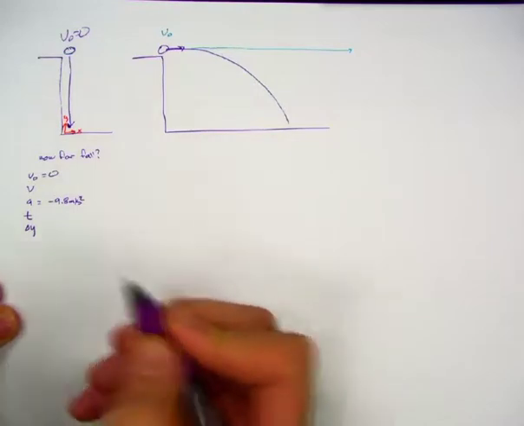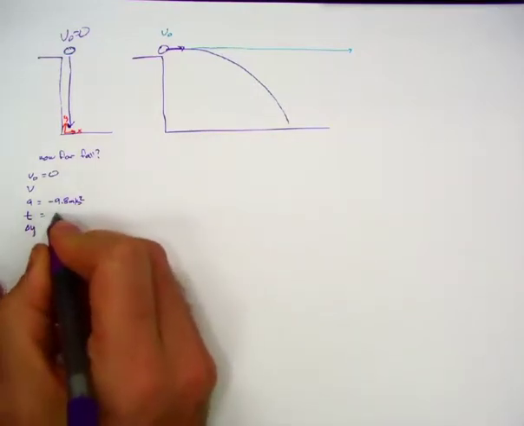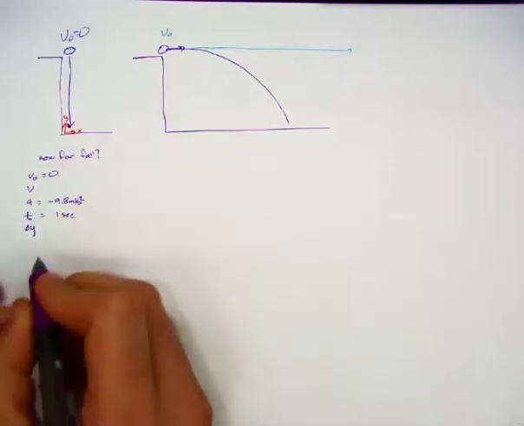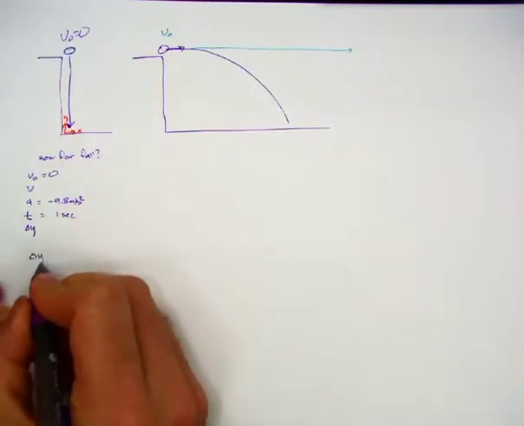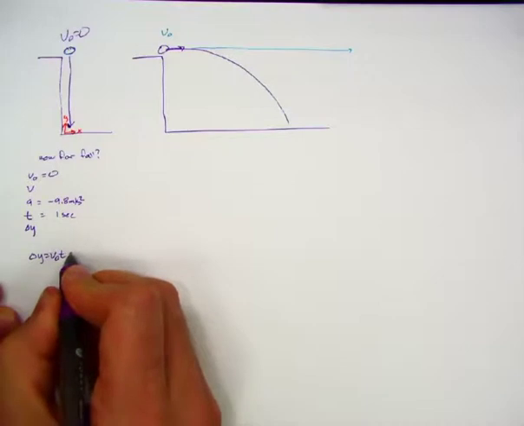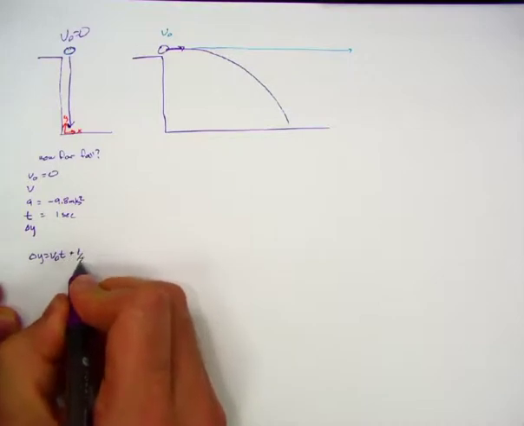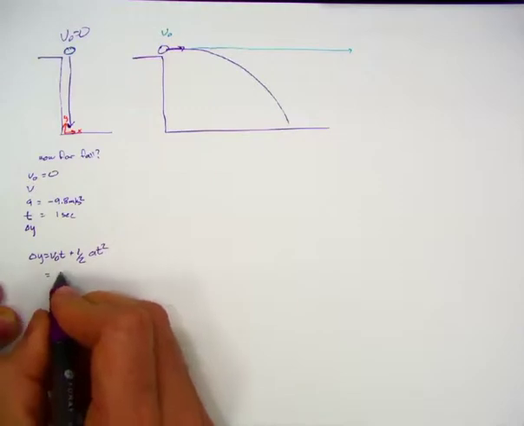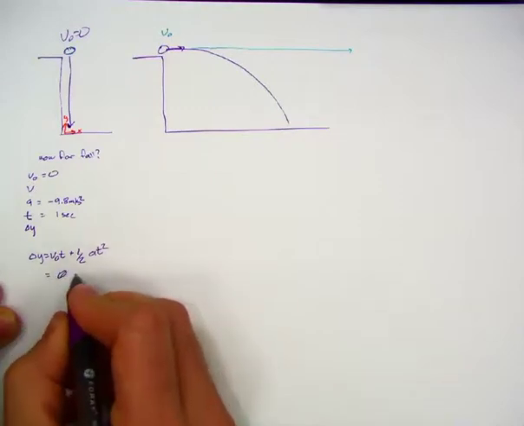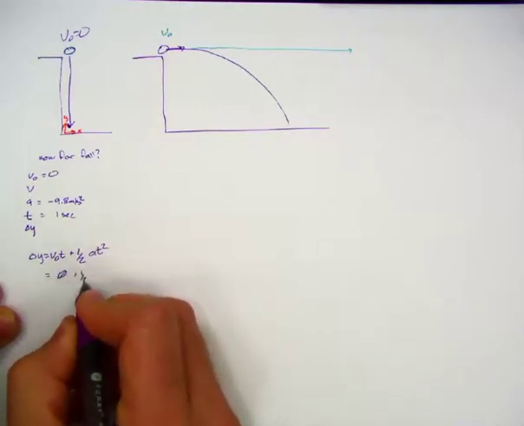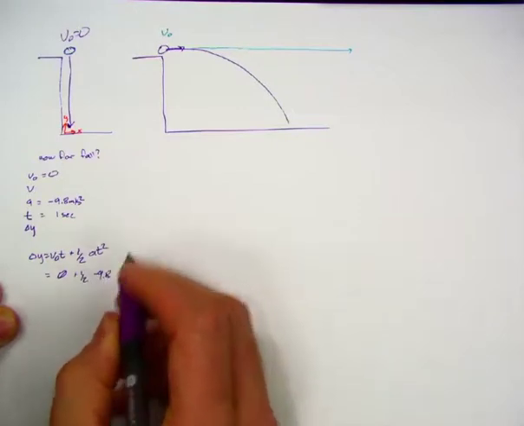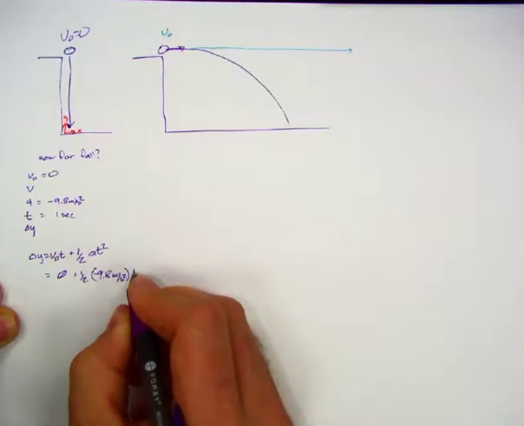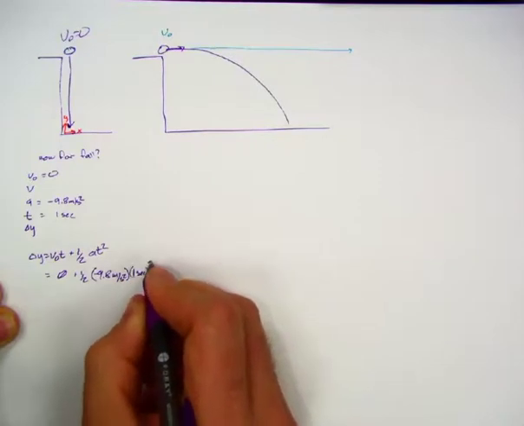And let's say for the first one, how far does it fall in 1 second? We could say delta y equals v0t plus 1/2 at squared. So delta y is going to equal 0 plus 1/2 times negative 9.8 meters per second squared times 1 second squared.